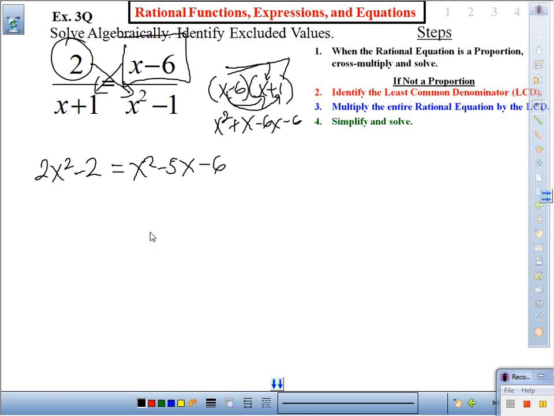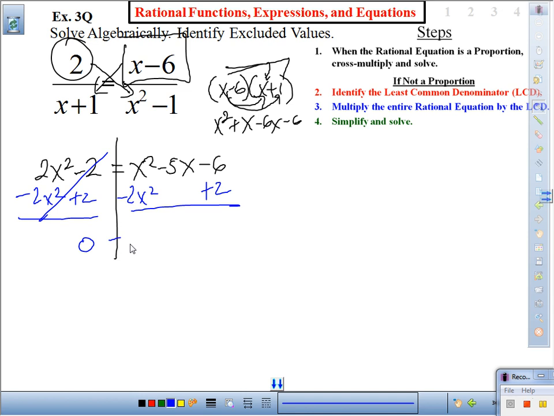All right, let's solve. What do you guys want me to do? Send all these 3 to the other side or send these 2 to this side? These 2? All right. Minus 2x squared plus 2. Minus 2x squared plus 2.